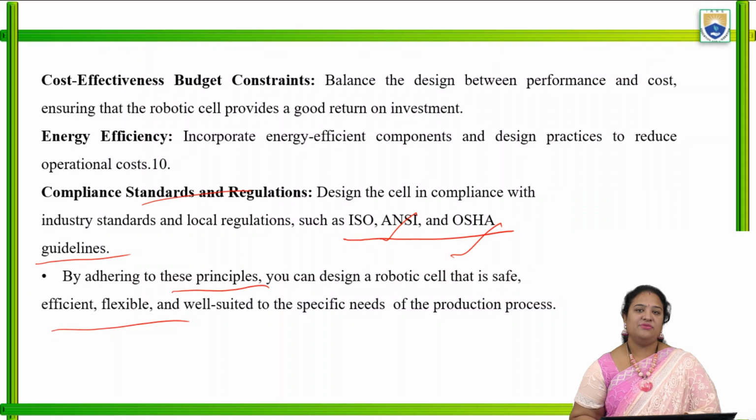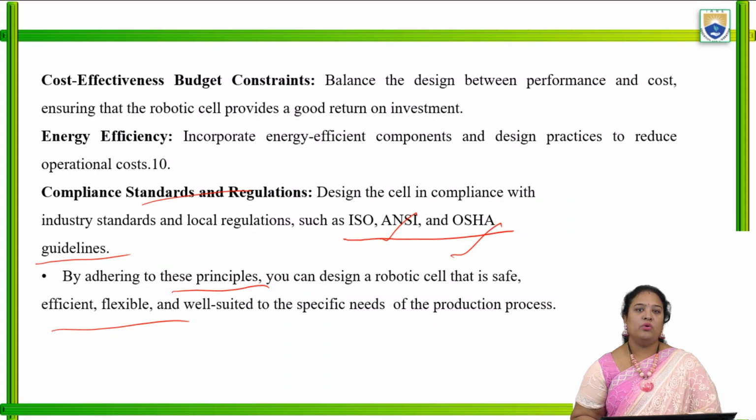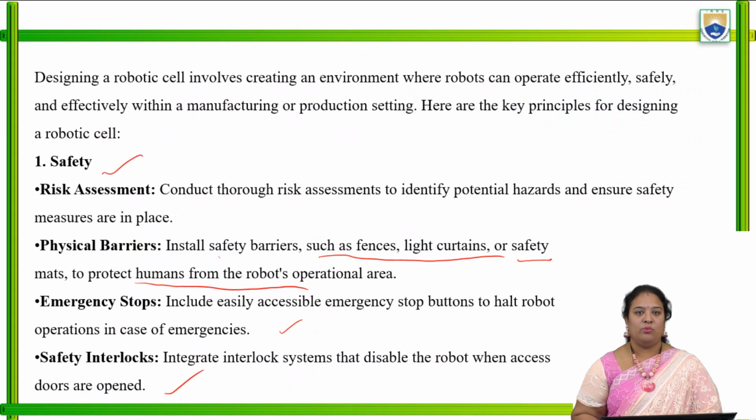So in today's class, we have discussed what are the various efficiencies required, what are the various flexibilities, how can we come across the budget efficiency, or how can we come across the energy efficiency, what are the various standards and the regulations which we need to follow to design any particular robot, right?